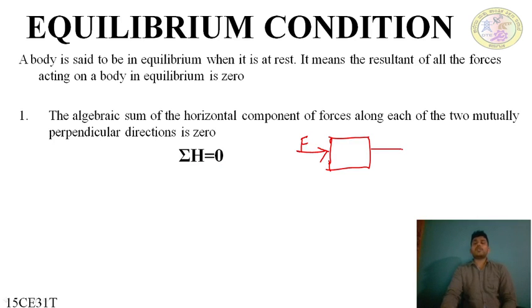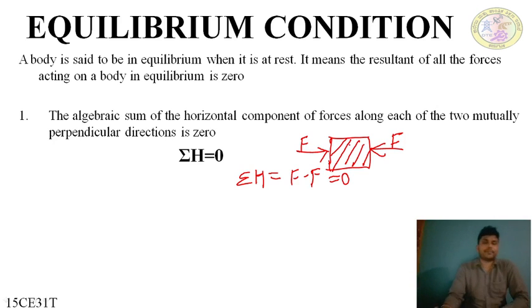Only when the opposite force is also equal to F. Then F minus F, the summation of horizontal force, equals 0. In this condition, this body is said to be in equilibrium condition, or at state of rest.